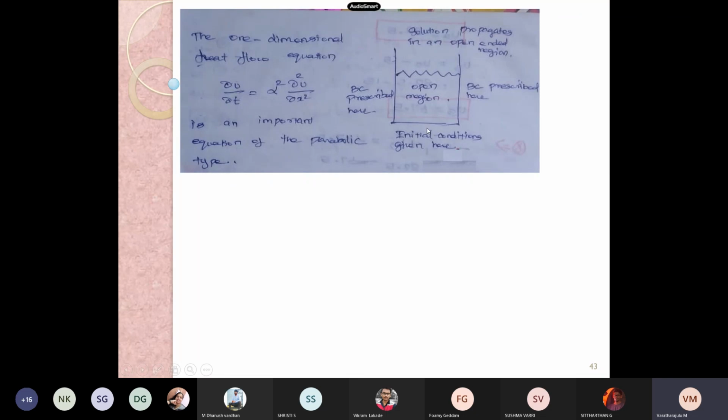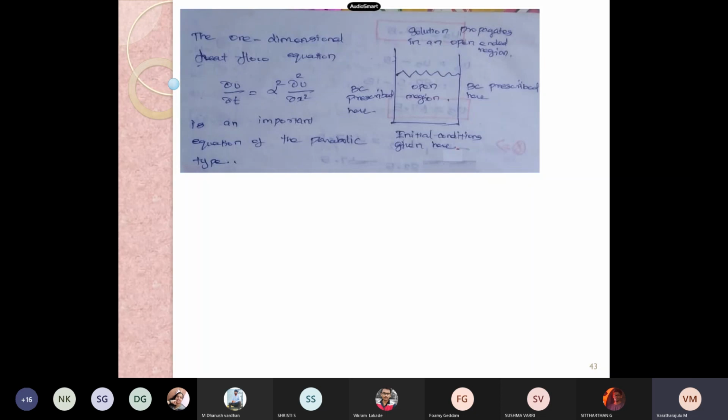When we have some heat source and the right and left boundaries are exposed to the atmosphere, the temperature transfers, that is, heat transfer will occur, right?